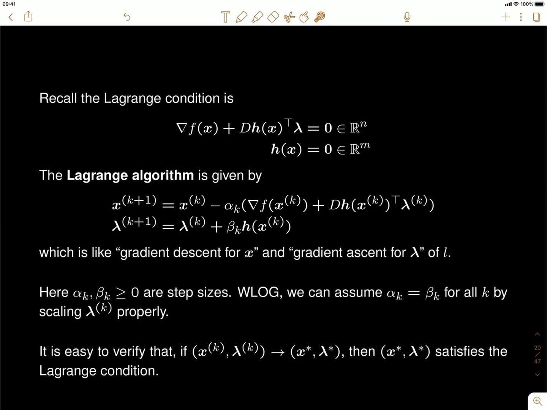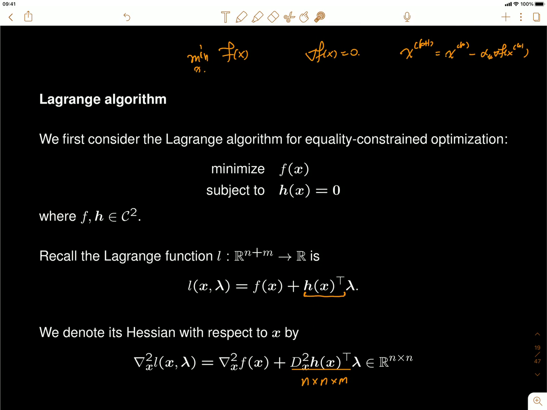What I mean by that is we are actually trying to min-max this. What do I mean by that? I will explain soon. All right, so what does this mean?